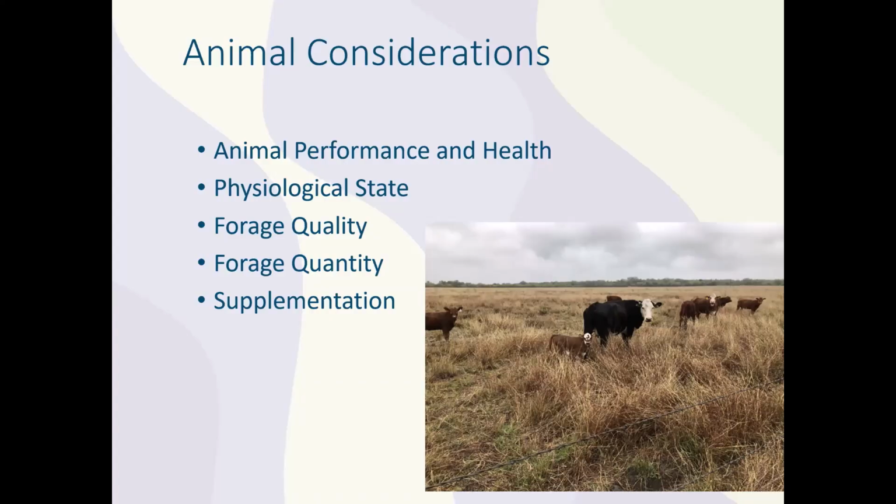During the fall before dormancy, our perennial warm season plants that we primarily depend on for grazing forage throughout Texas are storing up carbohydrate reserves. So in our grazing management plan, we want to make sure that we're deferring or resting as much country as possible during the fall to allow those plants to store up those carbohydrates.